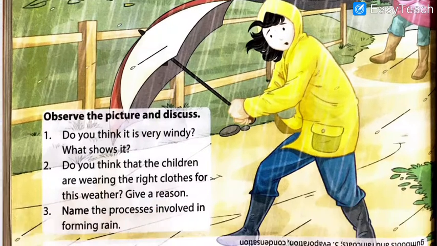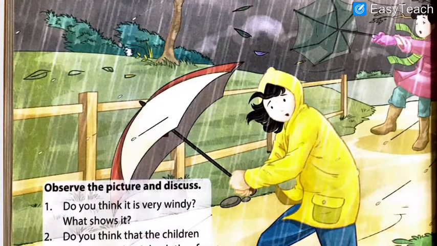Three questions were there, which we have already solved. In this picture, water is there, air is there, and you can judge what kind of weather it is, and which season it is, accordingly the weather would be. So this is what we did in the previous lecture, and then we started reading.